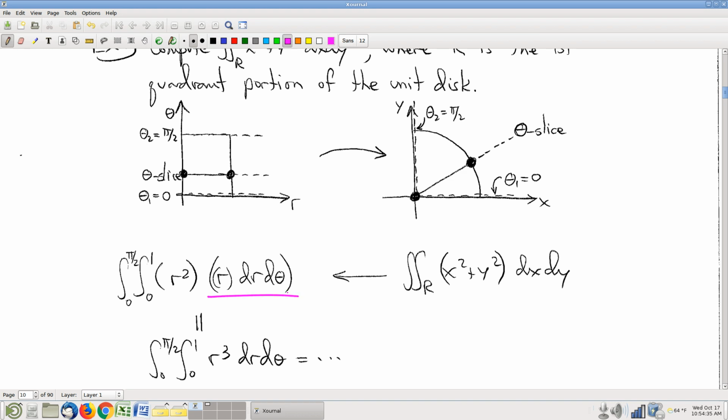After all, you are replacing dx dy. Dx dy is not equal to dr d theta. Dr d theta by itself is not really a thing. It's got nothing to do with an integral in the xy plane thought of by itself. So just don't ever write it down on its own. Always write down r dr d theta.